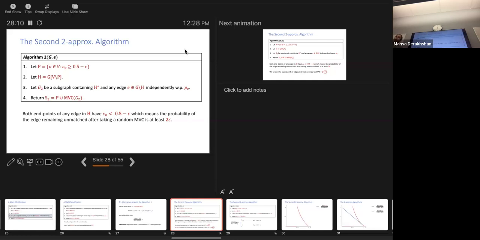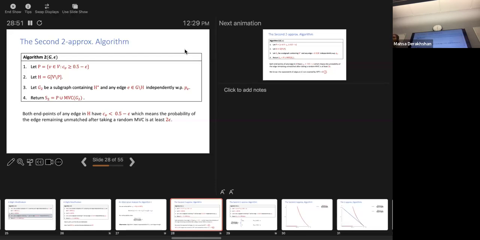What does it mean? If you draw a random realization and a minimum vertex cover of that, this edge will remain uncovered by that subset of vertices with probability at least 2 epsilon. This may be a little counterintuitive because I'm saying there's an edge that's not covered by some minimum vertex cover, but that is a minimum vertex cover of a subset of realizations. This edge is an edge in G, so it may not be realized.